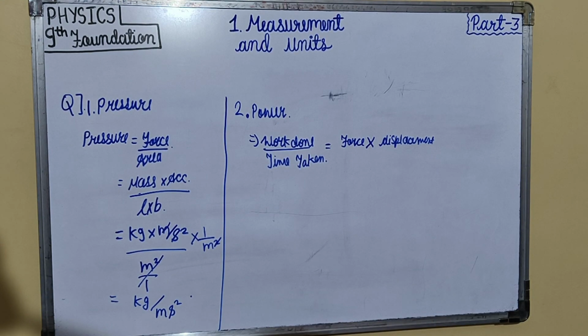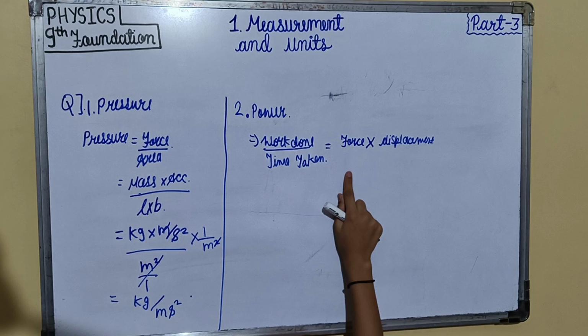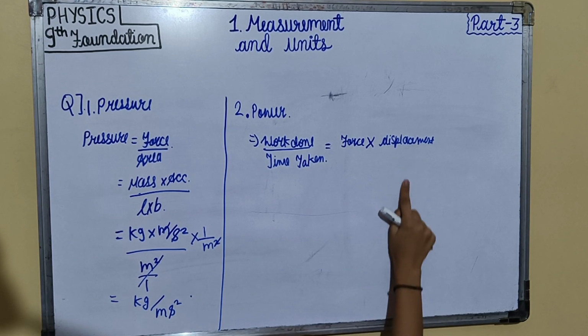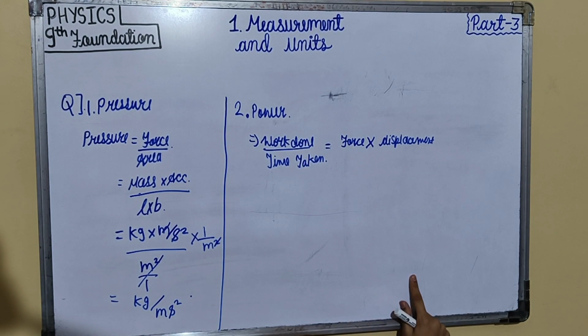Now over here the formula of force is again mass into acceleration. So like that you have to solve, you have to put the formula of force, that is mass into acceleration, and displacement can be velocity into time. And then we will divide it by time taken, that is seconds.